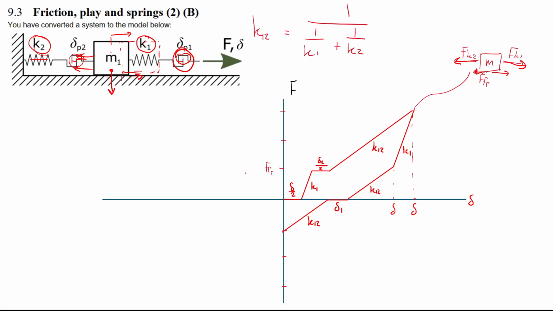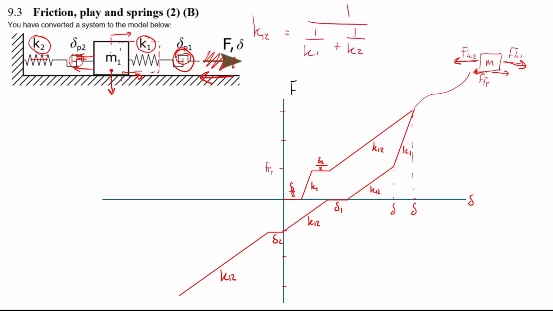Now, when we are at this point, the friction force has been overcome and it has been reversed, and now we get the delta 2. There we go. So this is now the second play. It's now being reversed, and in the second part we go down with slope K12 again, because now both springs are pushing in the opposite direction.